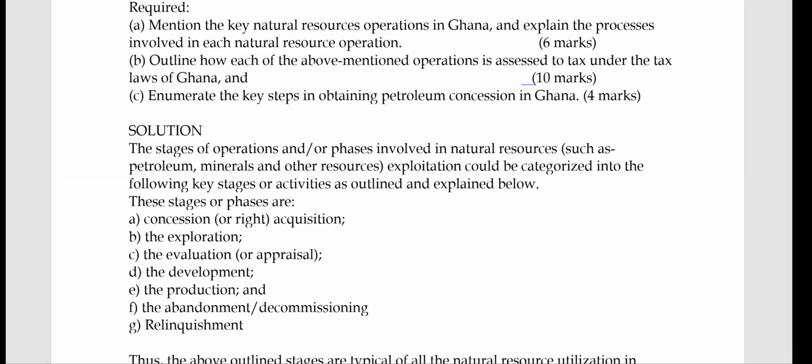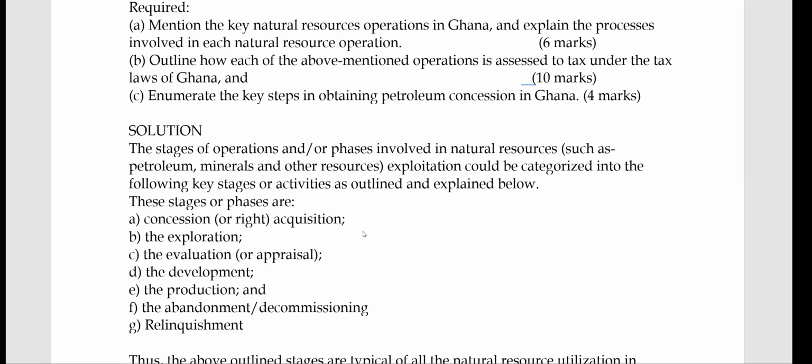So, Prof, can you say that production costs are summed up and given capital allowance? Yes, they are summed up and given capital allowance. So any cost from the concession or right acquisition stage, that's licensing, and from the exploration stage, all these are costs incurred before production commences.